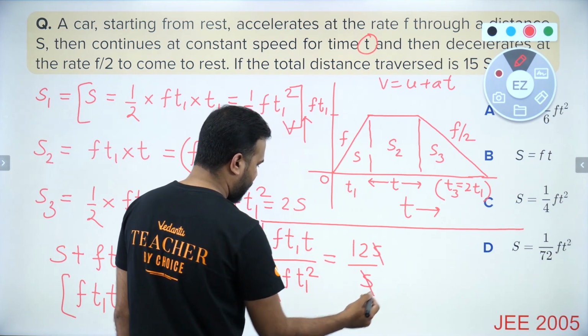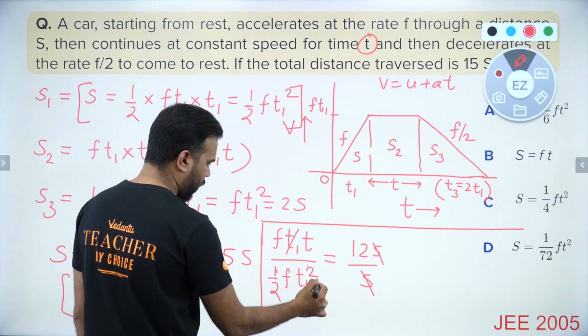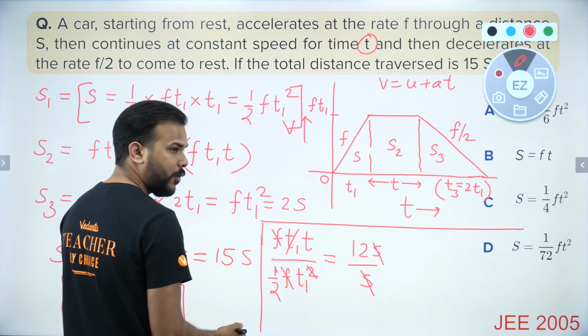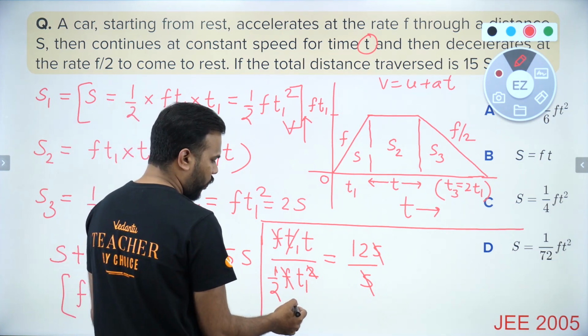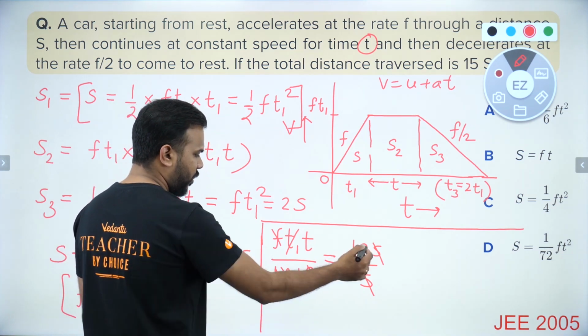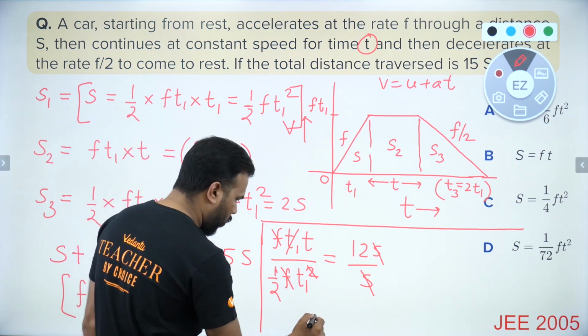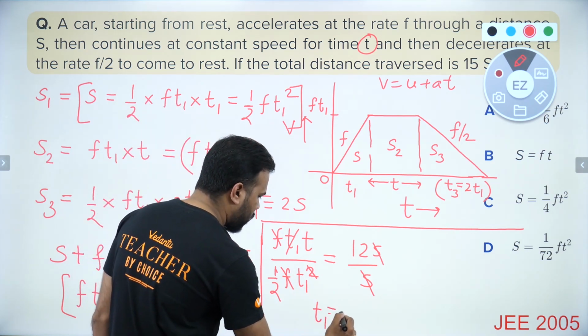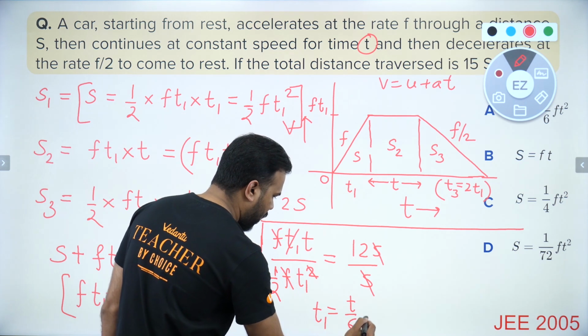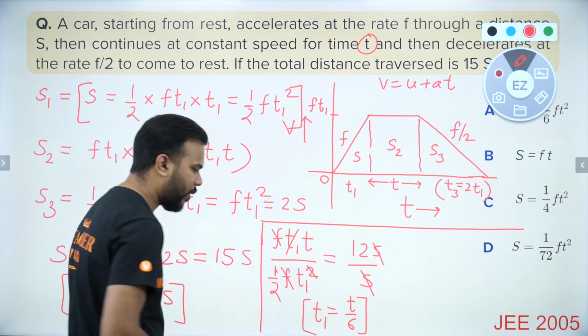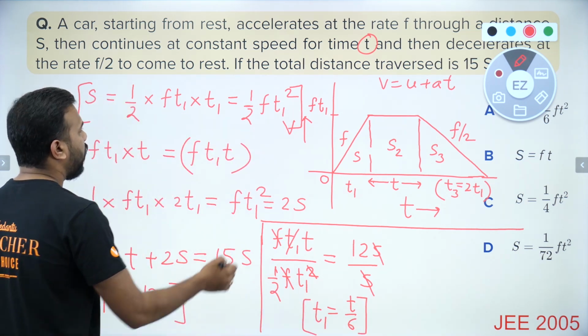So s gets cancelled, t1 gets cancelled, f gets cancelled. So what do you have? When you find out the value of t1, this 12 comes here, and the value of t1 comes out to be t by 6.